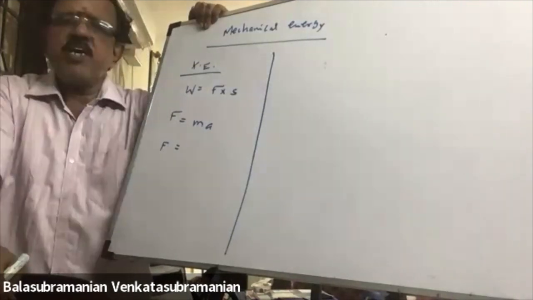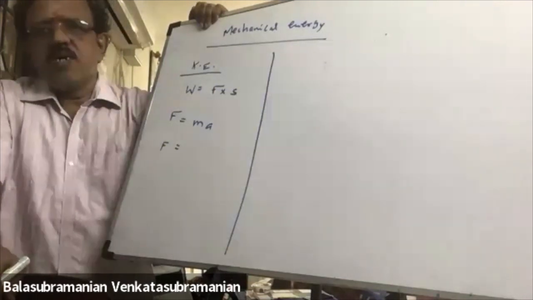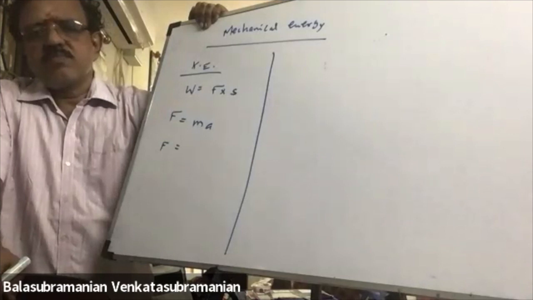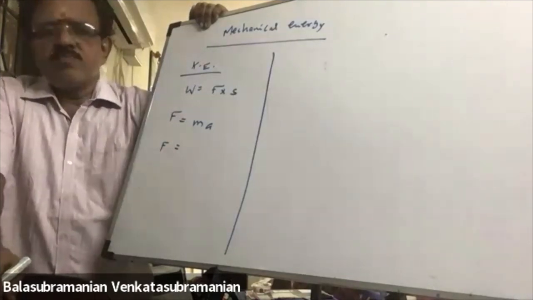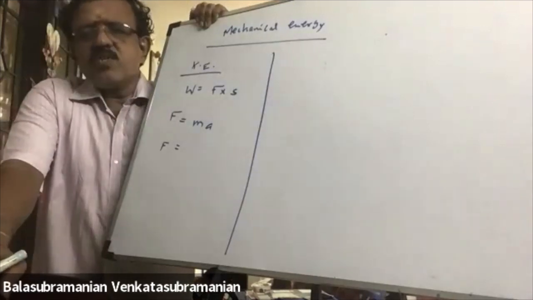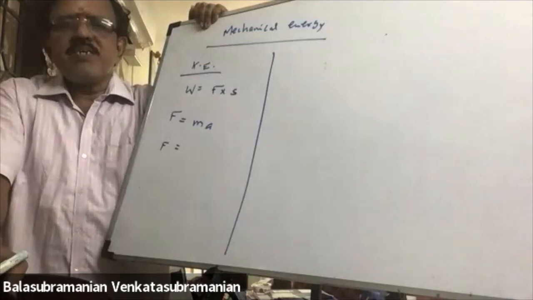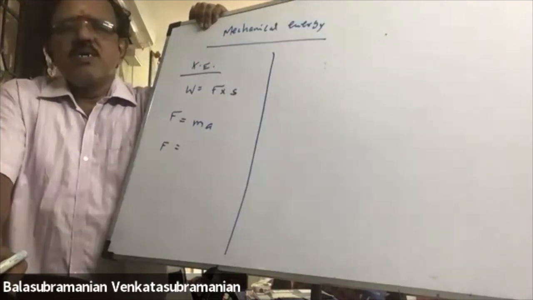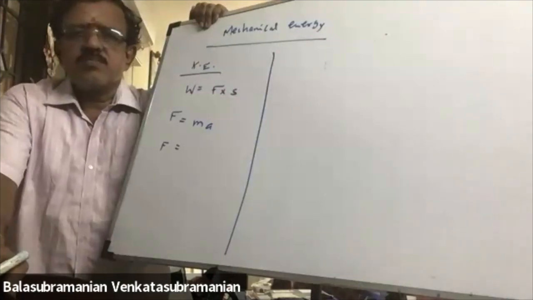Acceleration. From the equations of motion, we can calculate a. How to calculate? We have 3 equations of motion: v is equal to u plus at, s is equal to ut plus half at square, v square is equal to u square plus 2as.